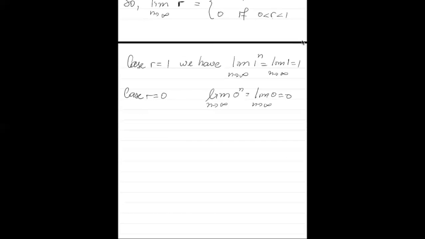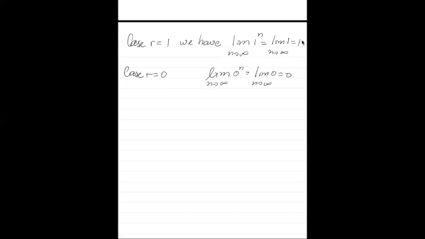So it's convergent, goes to 1. Case r equals 0. The limit of 0 to the n is the limit of 0, which is 0. So in this case, we have a convergent sequence. The limit is a number.